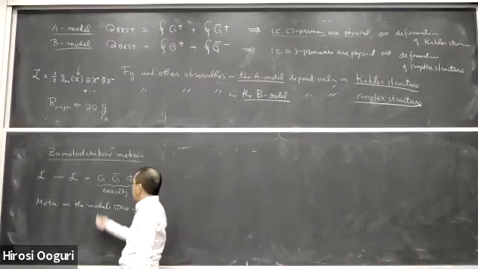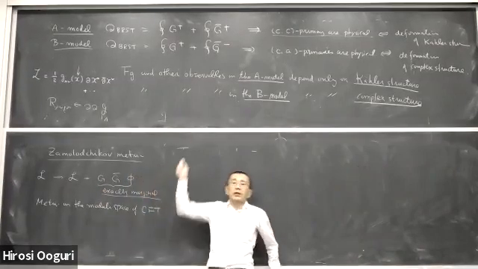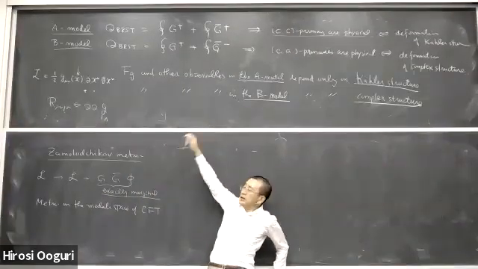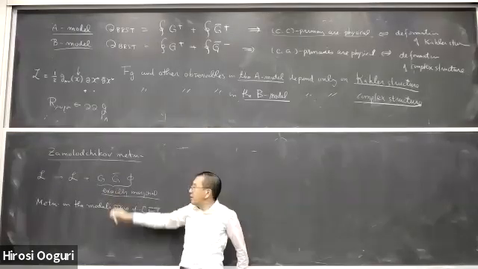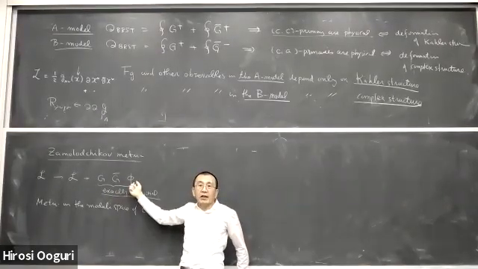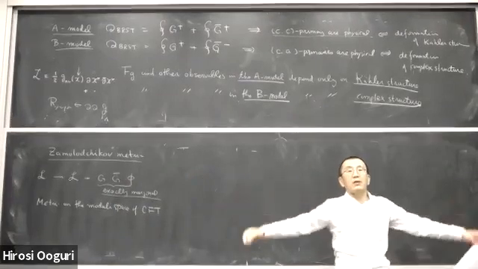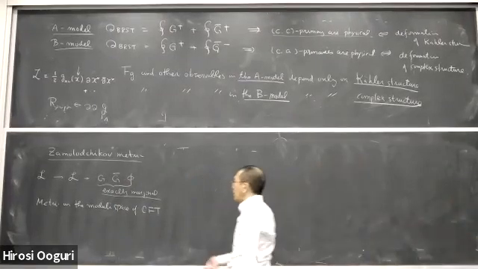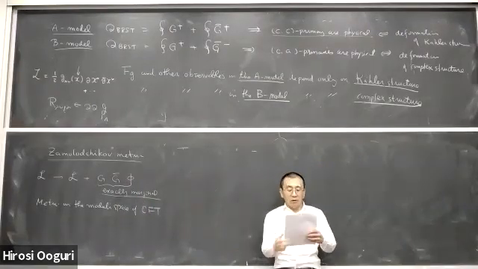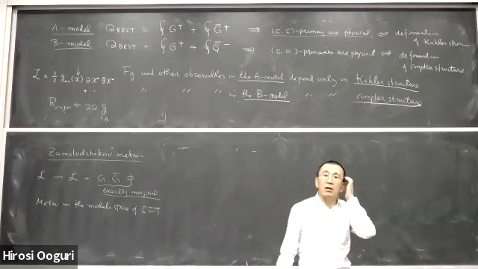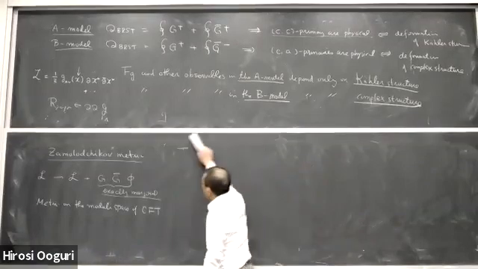But since this Zamolodchikov metric can be defined in a topologically twisted theory, because if you are interested in calculating the metric for Kähler structure, you can just go to the A model and calculate it. If you are interested in calculating the metric for complex structure deformation, you can go to the B model. So that means that you can define the metric in the context of a topologically twisted theory.